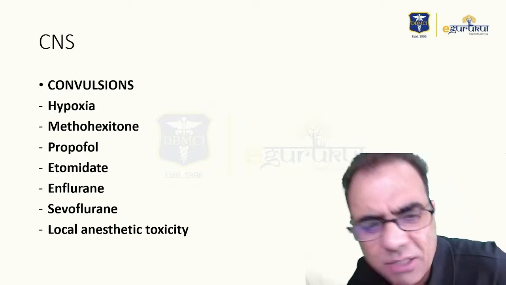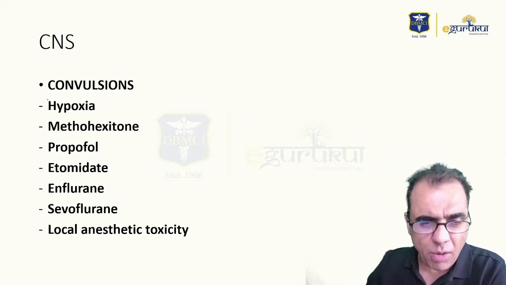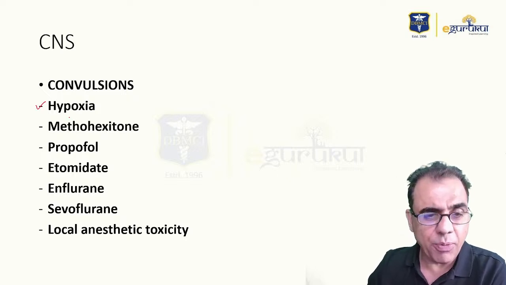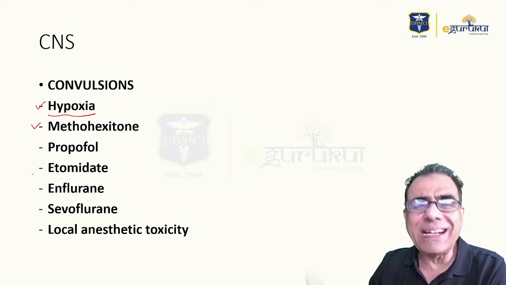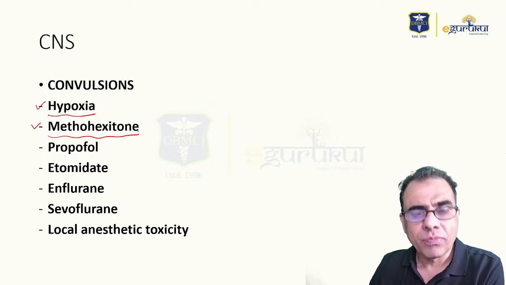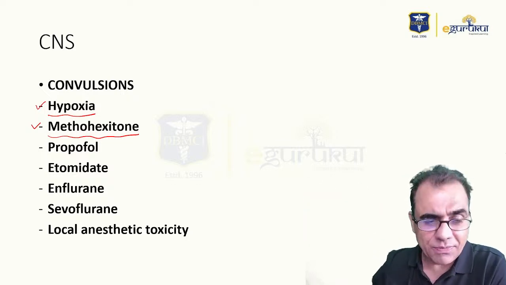CNS complications may be convulsions, and the common cause of convulsions during the intraoperative period may be hypoxia. Hypoxia can cause convulsions, or an anesthetic drug can cause convulsions, such as methohexitone, and that was the reason it was used for ECT in the past.